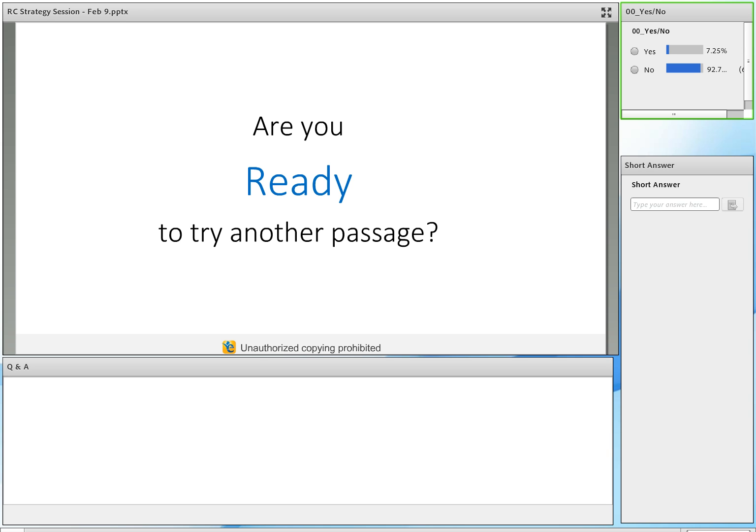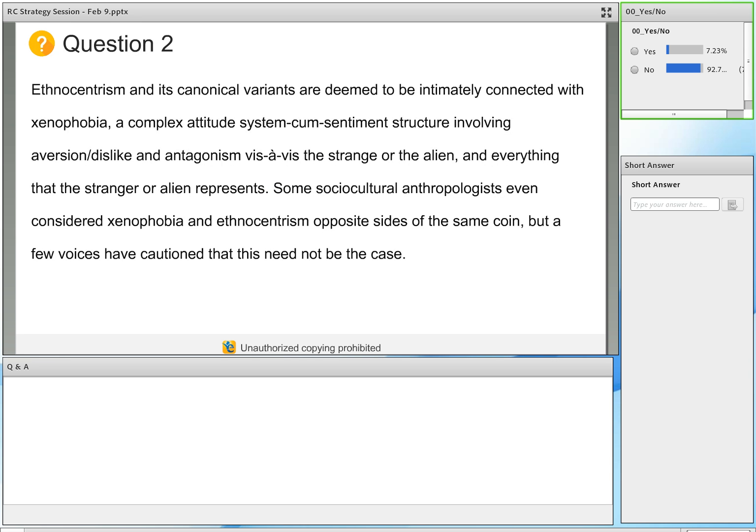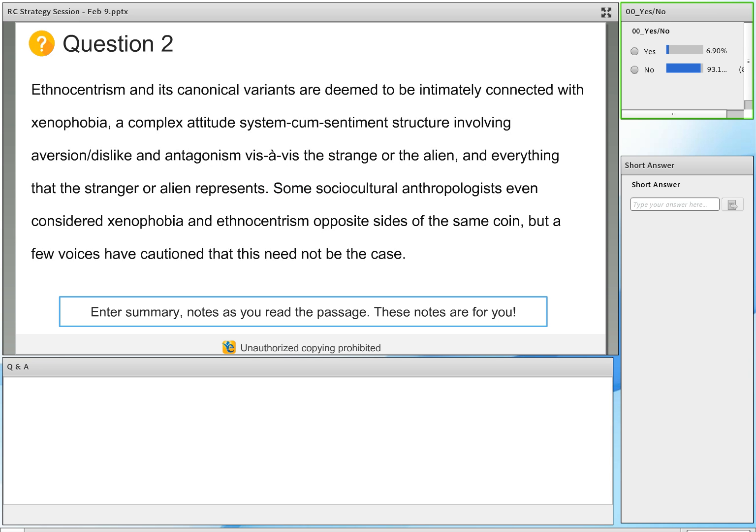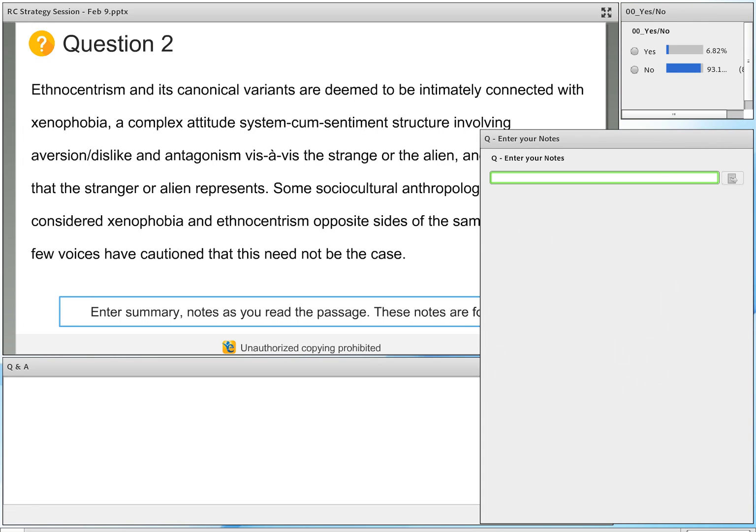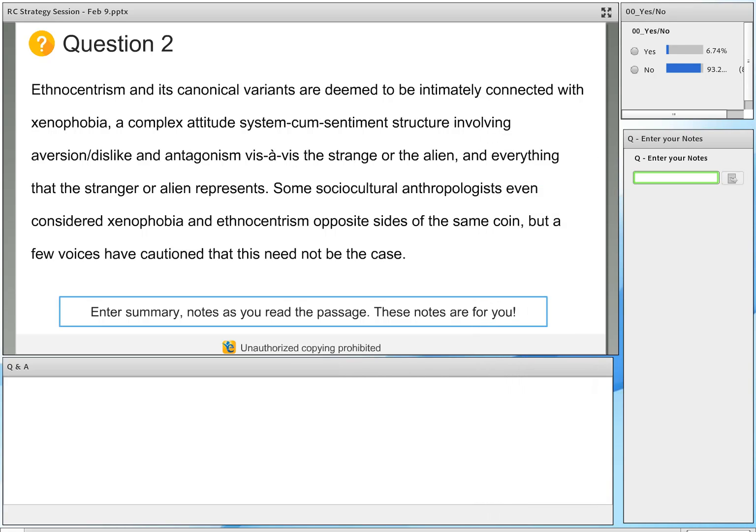All right, let's get a few more no's here, so that I can see more people answer, reading the passage. All right, here's the passage and enter your notes here. And after you're done reading the passage, please select yes, change your vote to yes. There you go.